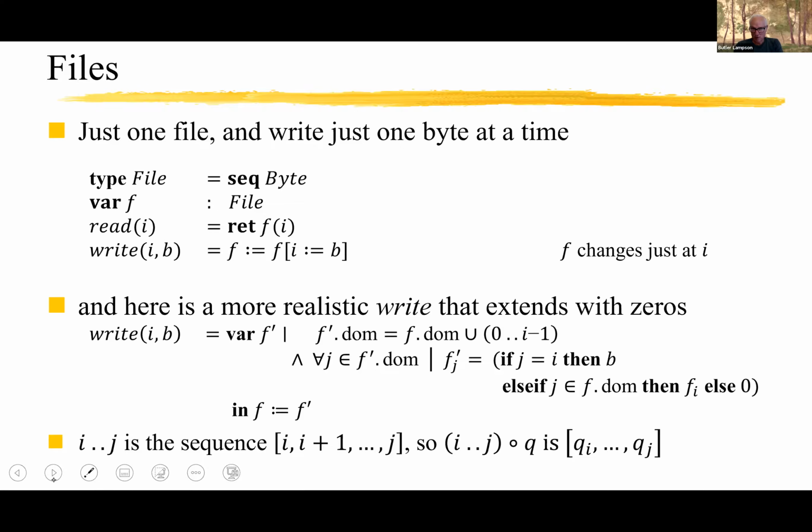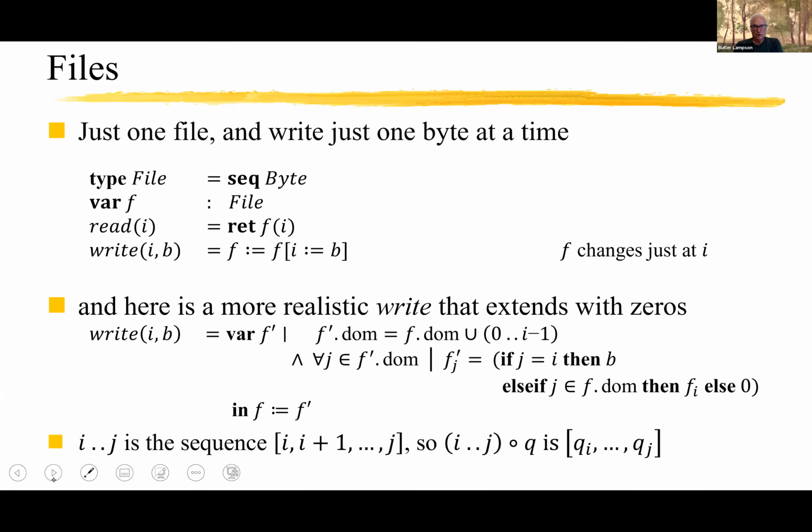We're just specifying one file here to keep things simple. So what can you do with a file? You can do read and write. Read of i says return f of i, and write of i and b says f becomes what it was before, except that the value at i is equal to b. So f only changes at its ith element.